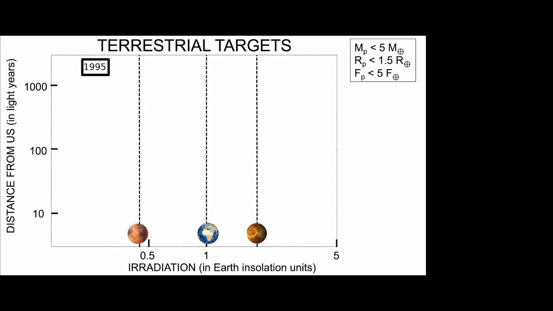I will show you on this plot the discoveries of this kind of planet that have been made through time, starting from the date of the first discovery of an exoplanet around a Sun-like star, as a function of irradiation and the distance of the system from us.